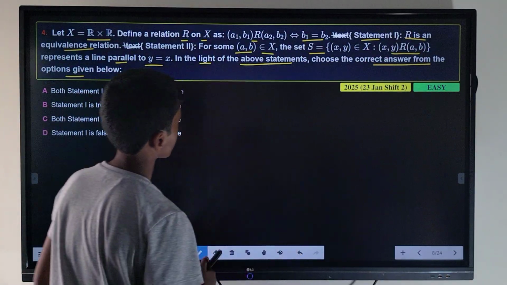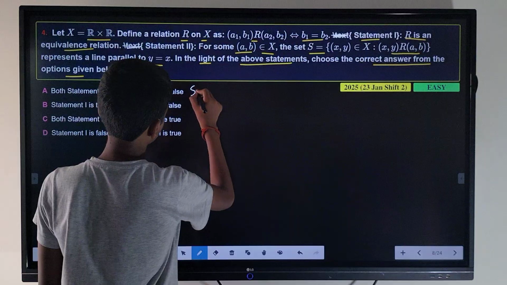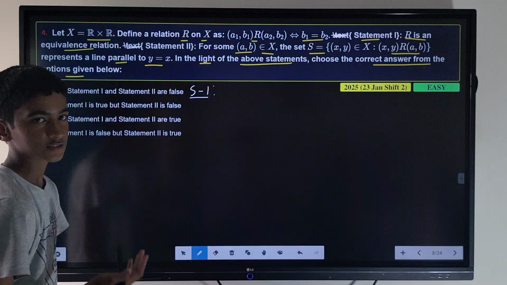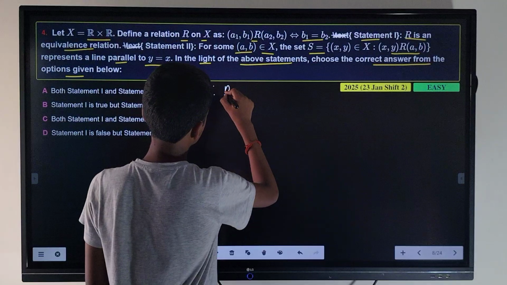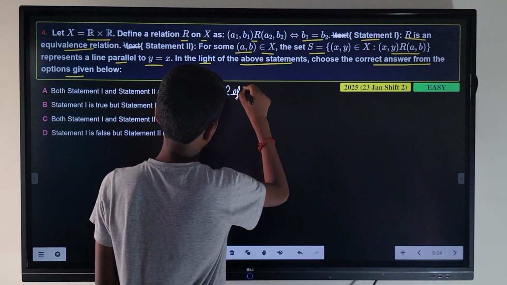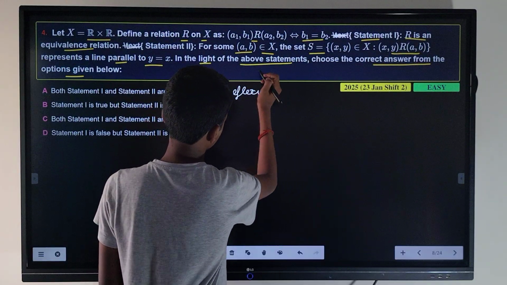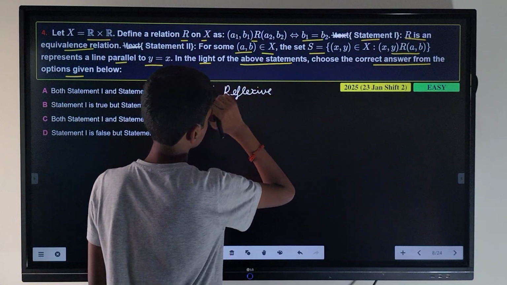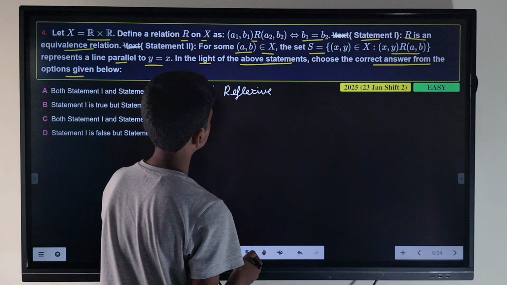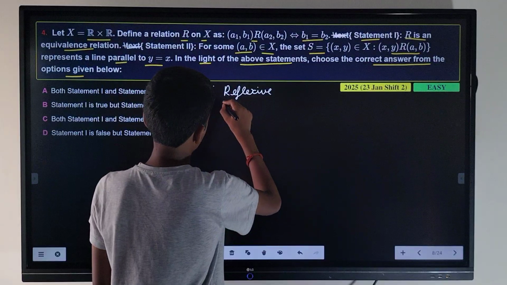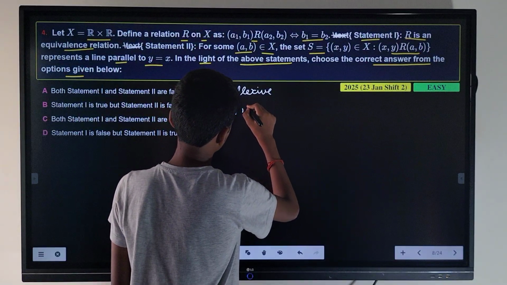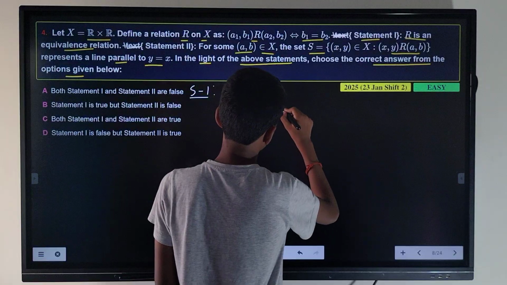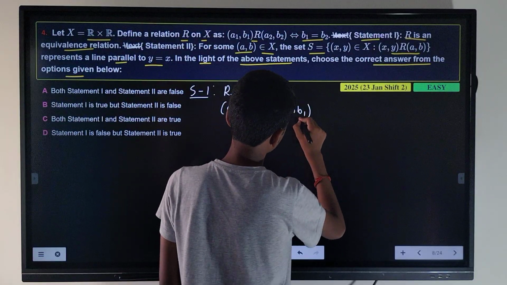So for statement 1, first of all we will check if our relation is reflexive. For our relation to be reflexive, our relation would need to contain the element (a1, b1) related to (a1, b1).